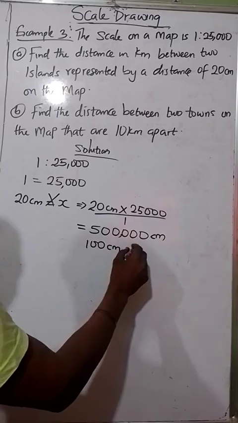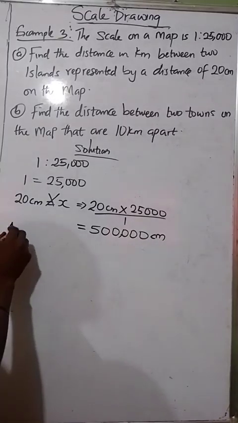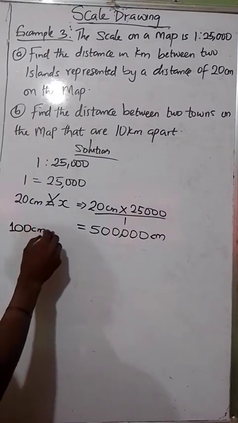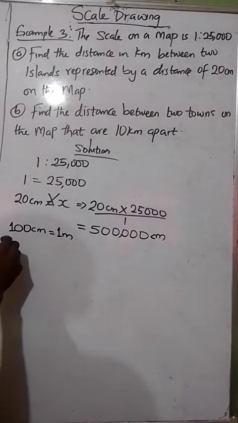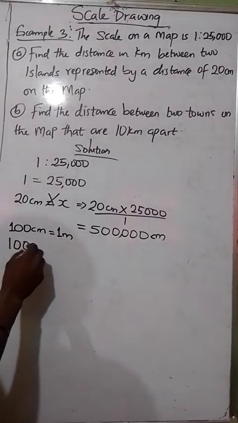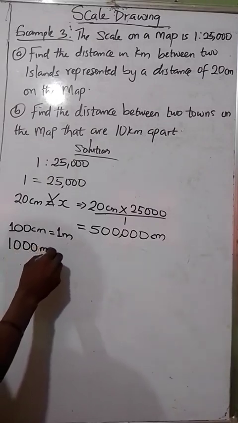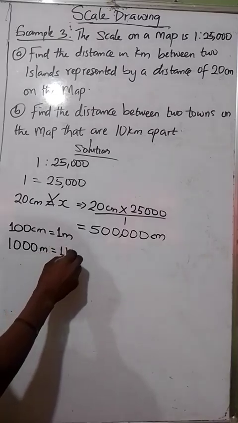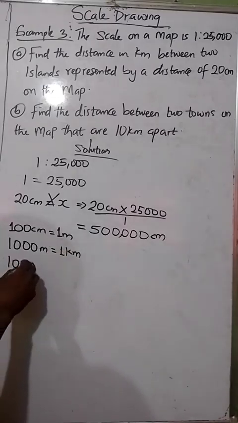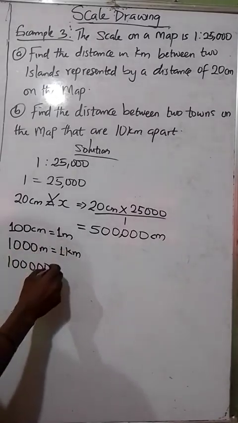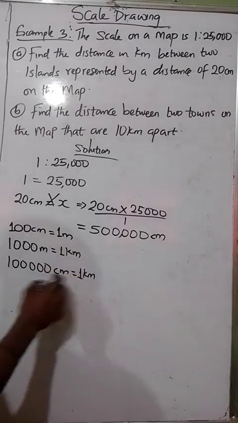centimeters make 1 meter. So let me write that aside. 100 centimeters equals 1 meter, right? 1,000 meters equals 1 kilometer, right? So meaning that 100,000 centimeters will give 1 kilometer.